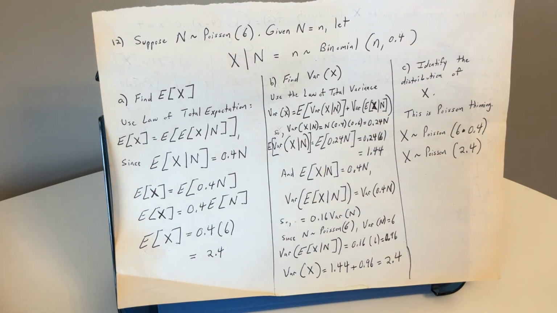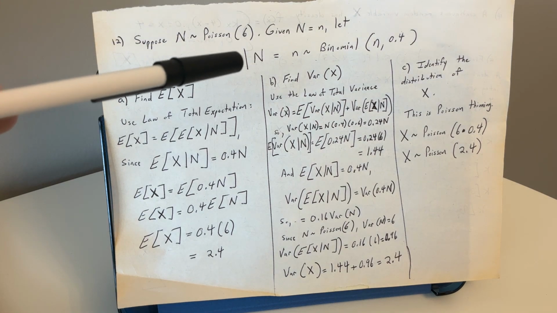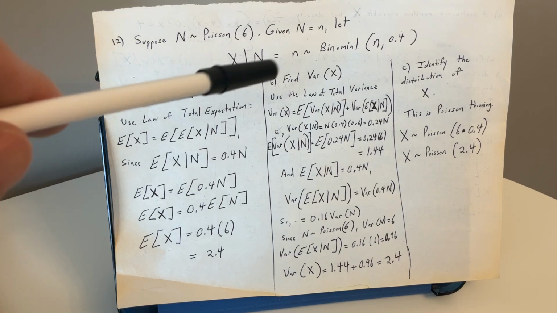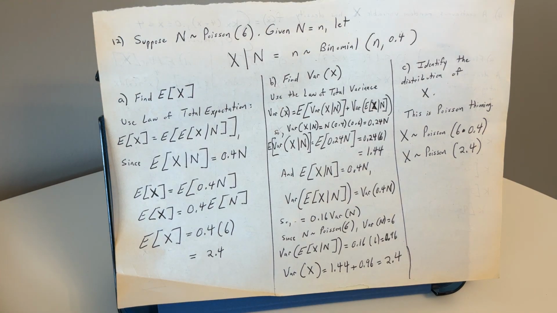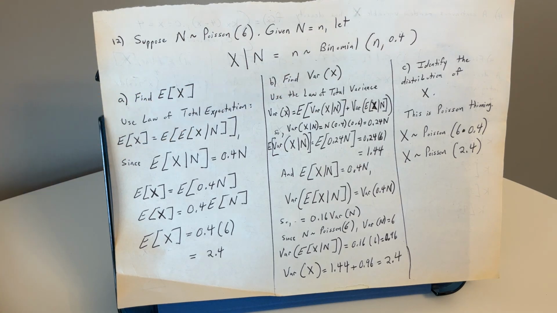Okay, so number 12, N is distributed as a Poisson of 6. Given capital N equals lowercase n, the condition is that X given N equals n is distributed as a binomial of n, 0.4. So for part A, here's what we do.